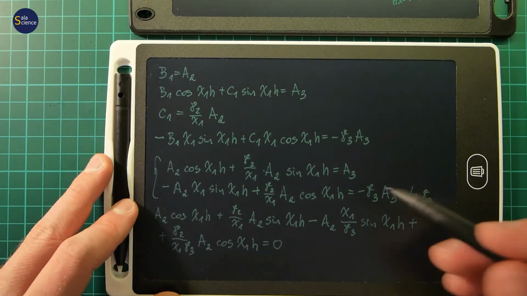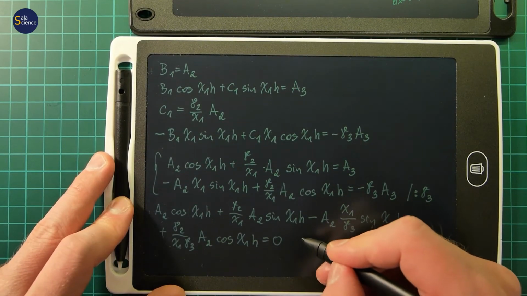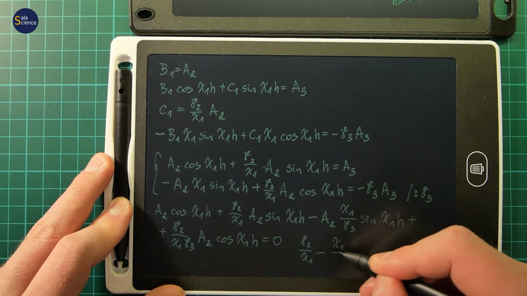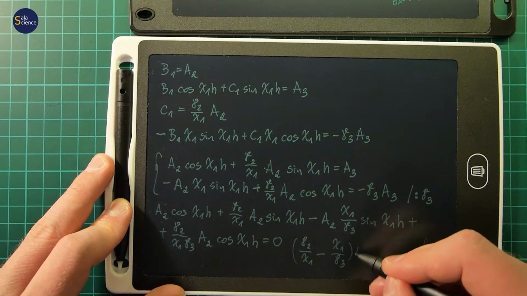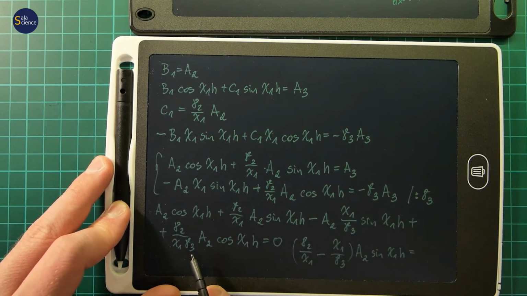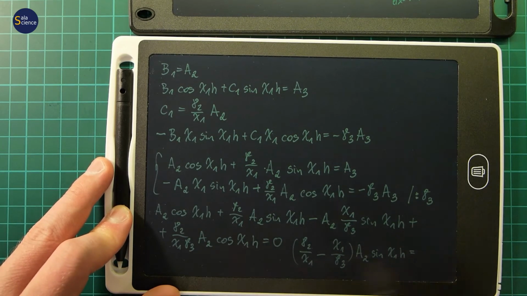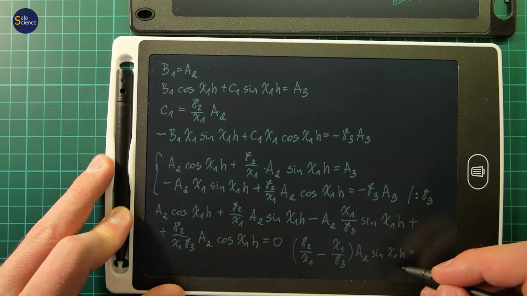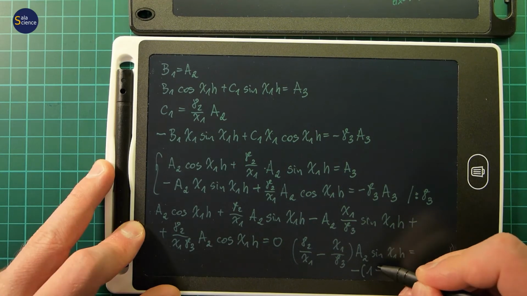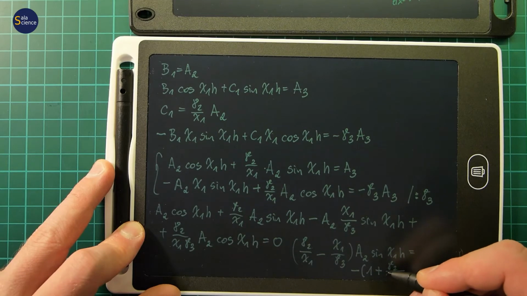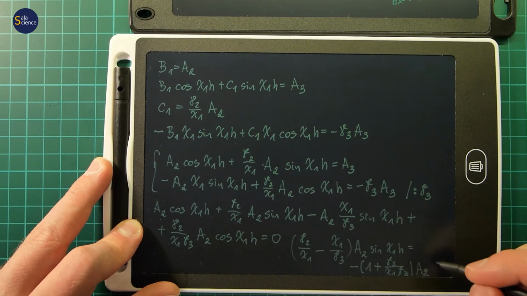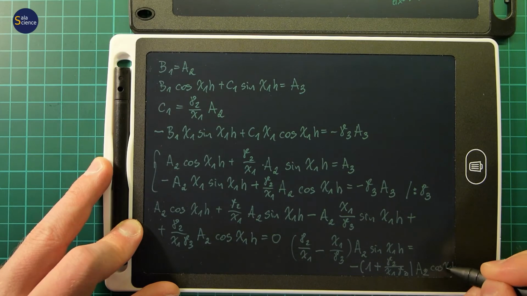Okay, so now let's rearrange the terms. So we have gamma 2 over chi1 minus chi1 over gamma 3 times a2 sine chi1 h, and on the right hand side we will have minus 1 plus gamma 2 over chi1 gamma 3 times a2 cosine chi1 h.